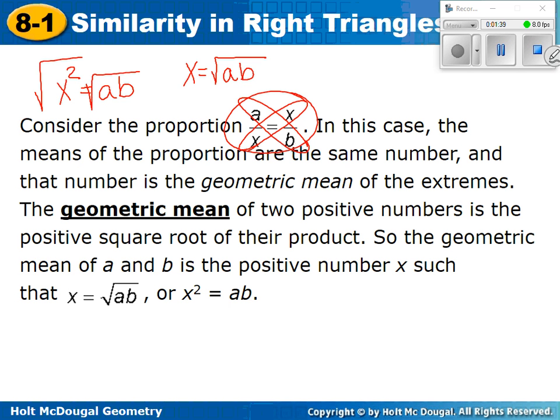So basically what they tell you here in this big paragraph is when you have a proportion, in that proportion there are two diagonals. The diagonal that goes down from left to right and the diagonal that goes up from left to right. We give those a specific name. The one that goes up from left to right is called the means.